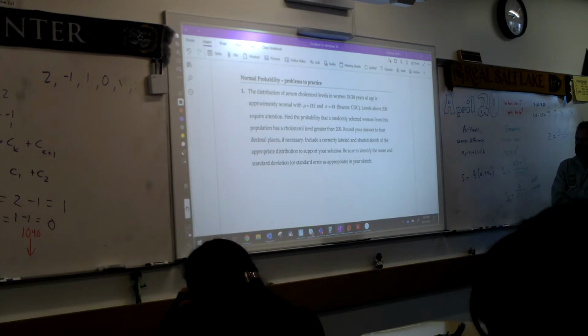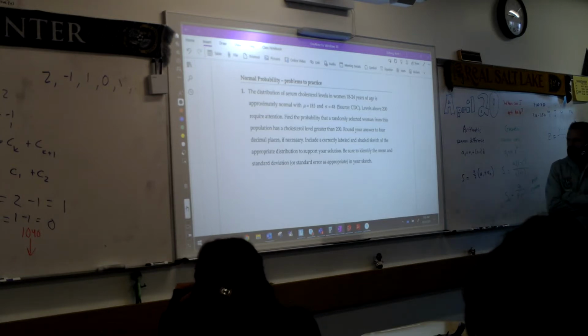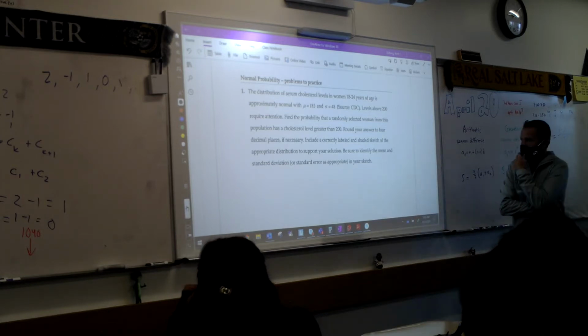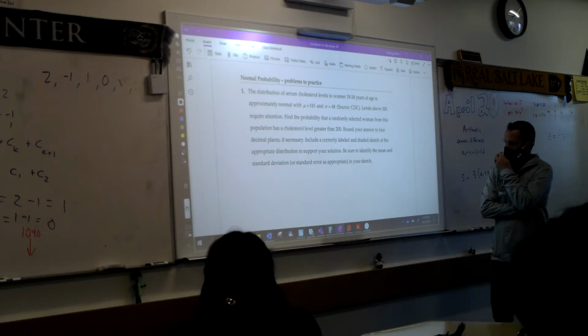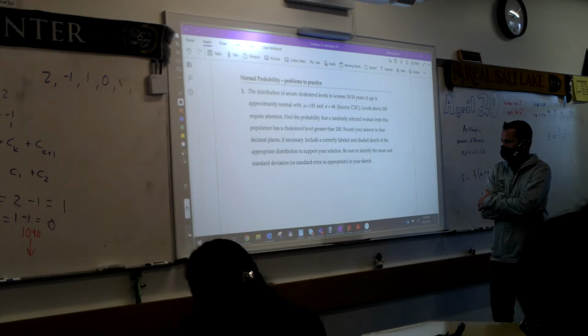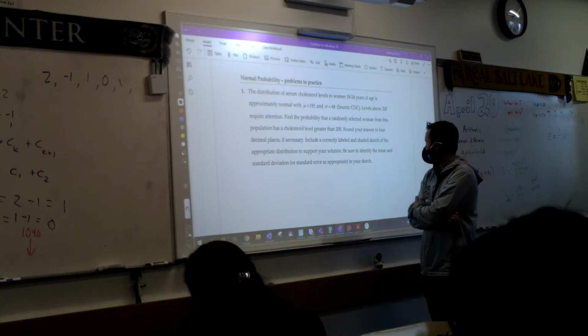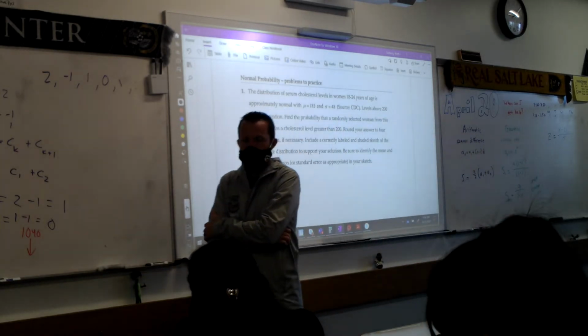Find the probability that a randomly selected woman from this population has a cholesterol level greater than 200. Round your answers to 4 decimal places if necessary. Include a correctly labeled and shaded sketch of the appropriate distribution to support your solution. Clearly identify the mean and standard deviation in your solution.